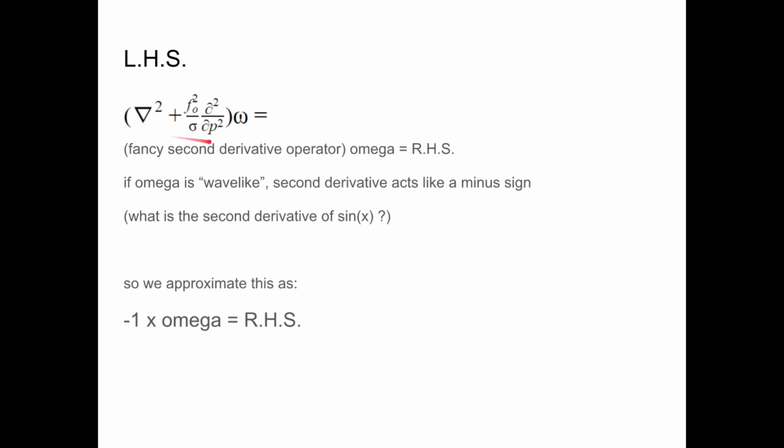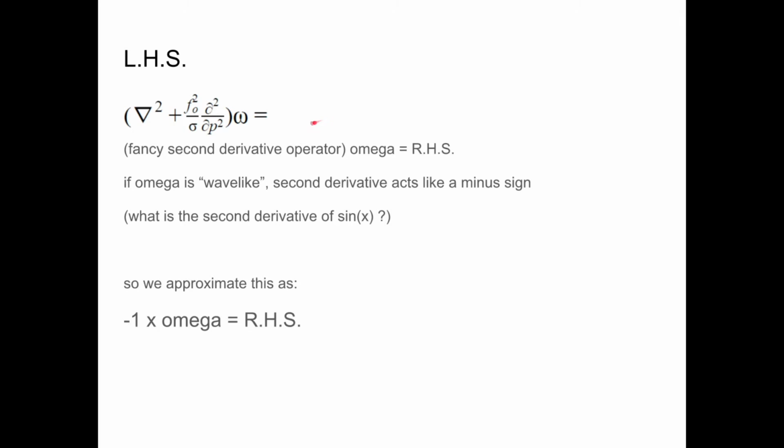Well, this is a partial differential equation here. We could solve this. It's not easy to do, but that's not really what we're trying to do here. We're trying to just qualitatively understand whether we're going to get a positive or negative value of omega based on the right-hand side.